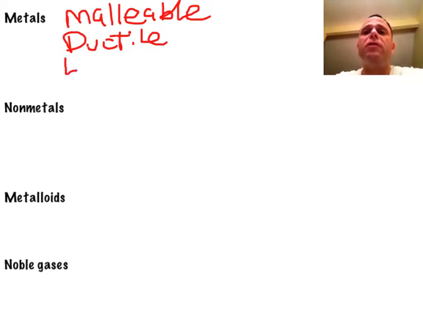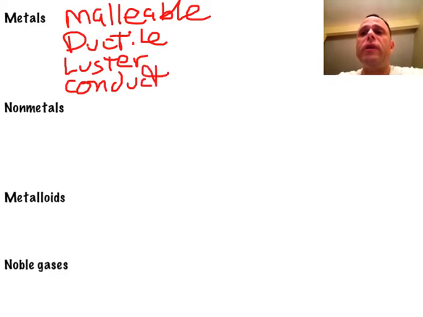Metals have luster, which means they have shine, and they are highly conductive, either for heat or electricity. The reason why they are conductive is because they like to get rid of their outermost electron, their valence electron.